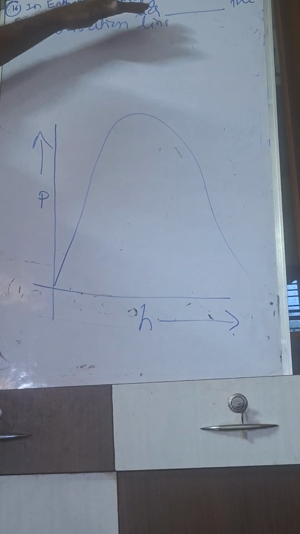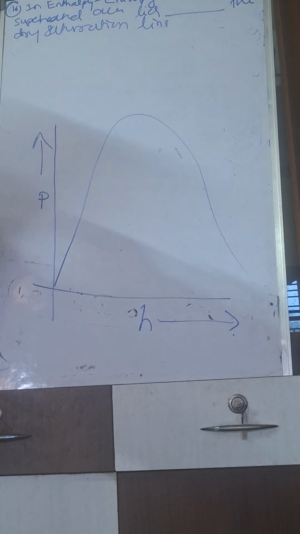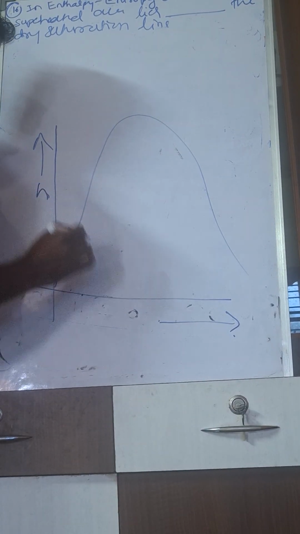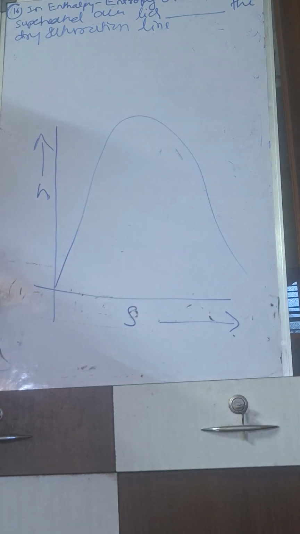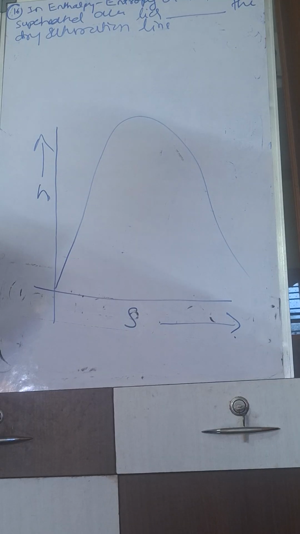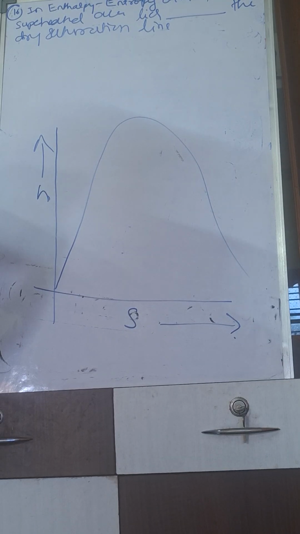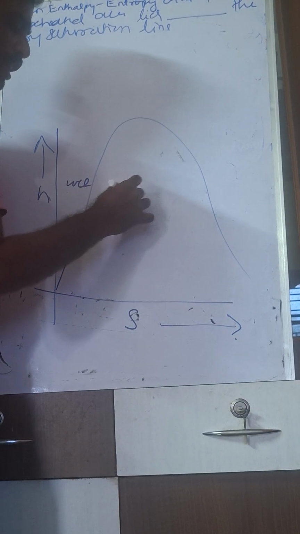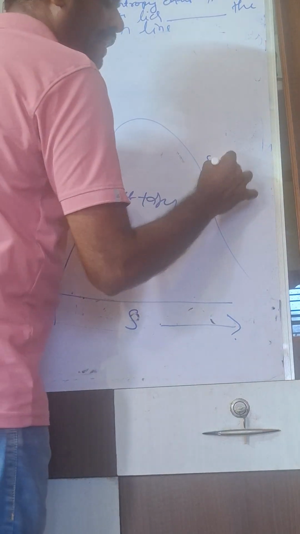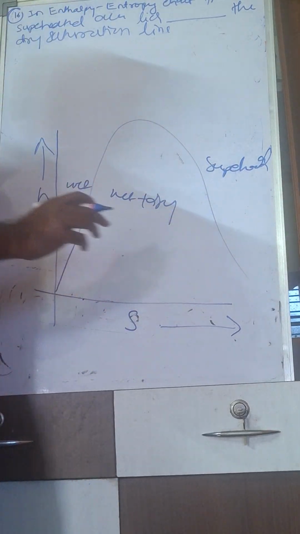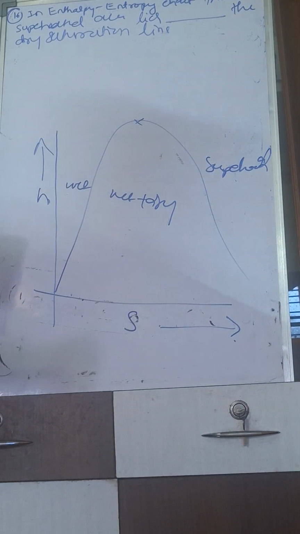Sorry, this is the HS diagram, not the pH diagram. In the HS diagram you have three regions: wet, wet plus dry, and superheated.